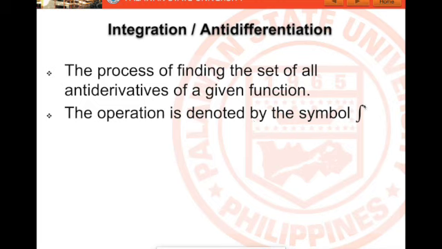It's like an elongated capital letter S, which actually stands for sum. This integral sign is derived from, if you can picture it, I just can't write it here right now, the summation sign. Do you remember that? It's like a letter M turned sideways.